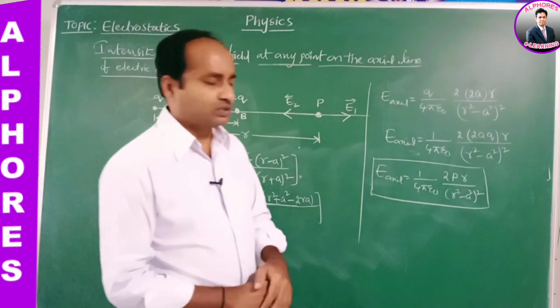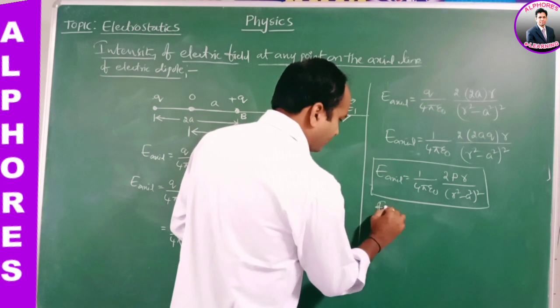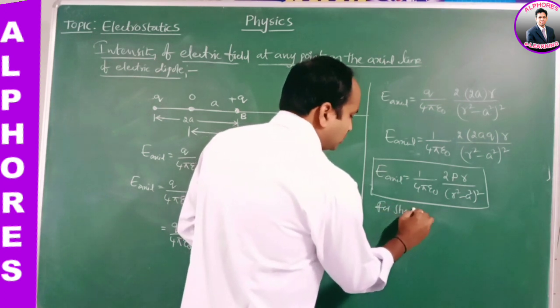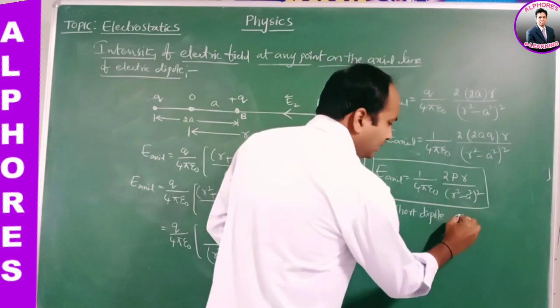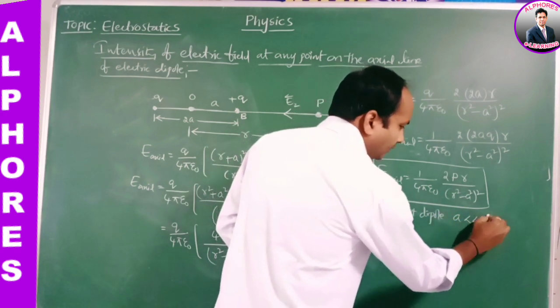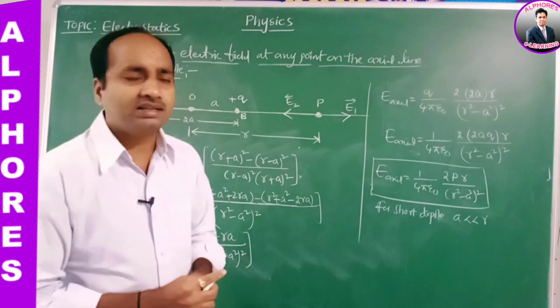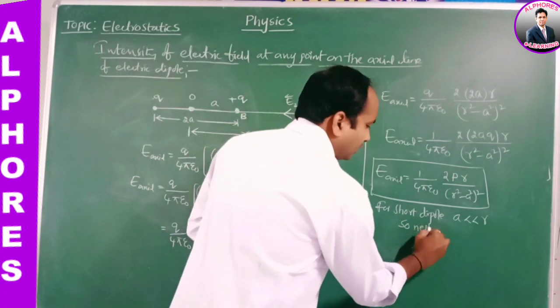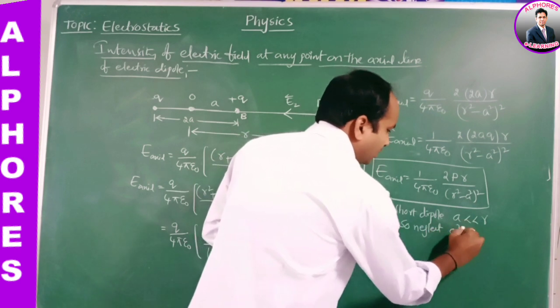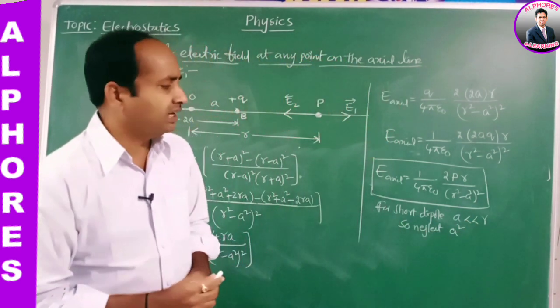For a short dipole, a is less than r. If a is less than r, neglect a square from the above equation, because as compared to r square, a square is much smaller.